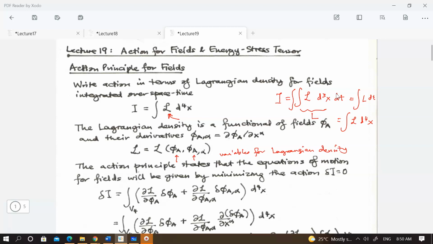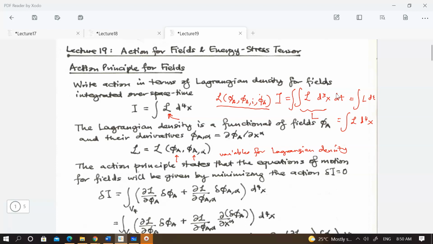Previously, we sort of separated it out. Previously, we had something like this: your L is a function of your fields, and then a function of your three-dimensional derivative, and then you have your time derivative. So previously we treated it that way, now we are treating it in a four-dimensional sense.